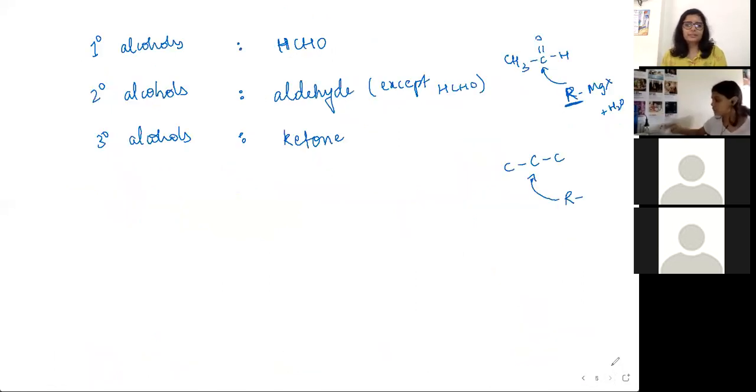Depending on what product you want, you take different types of compounds, aldehydes or ketones. Let me know when you've noted this down, and we'll go to the next part. I think we're done with the preparation of alcohols. Now we'll get on to the preparation of phenols.